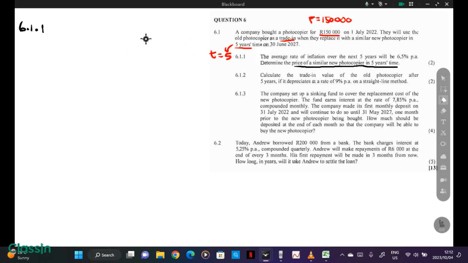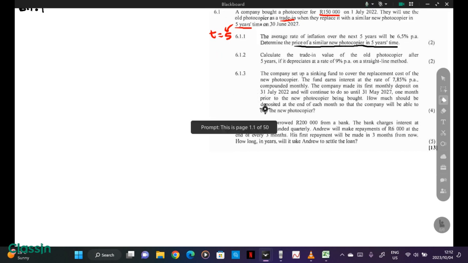Before we go to question 6.1.1, there are things that I want to highlight that will help you in future, especially when you come across questions of this nature. Some questions will start with inflation.